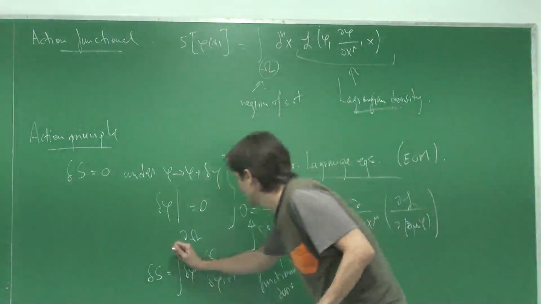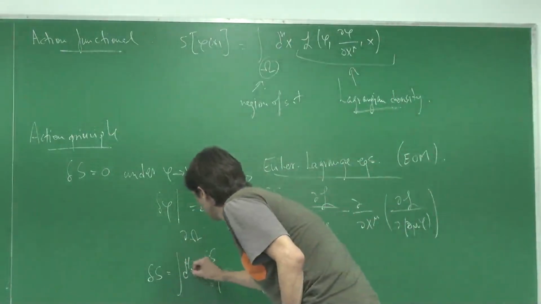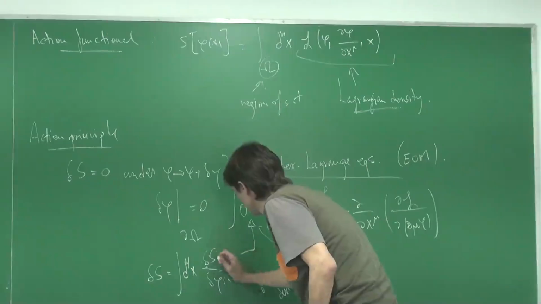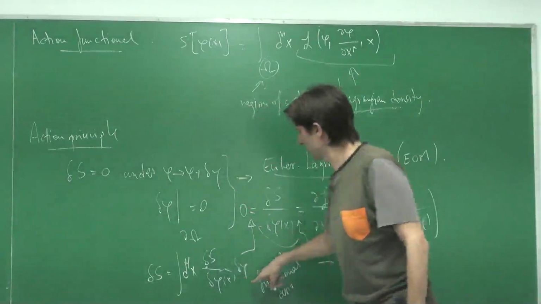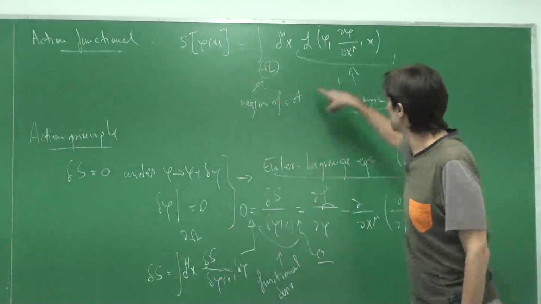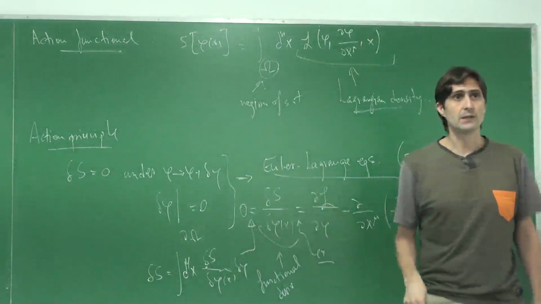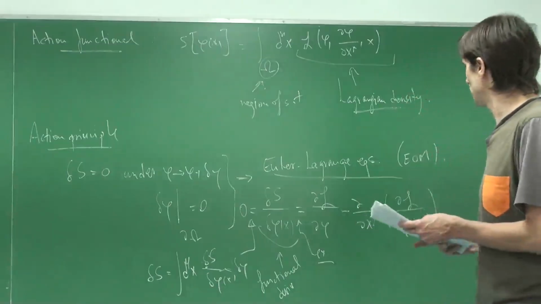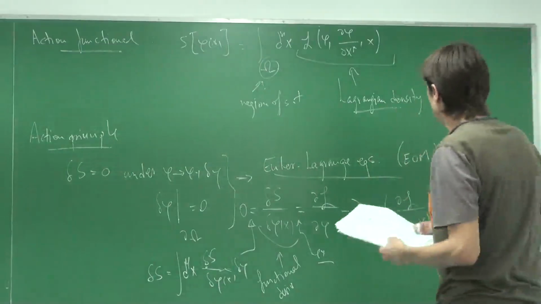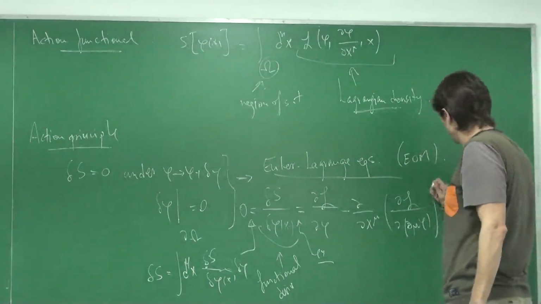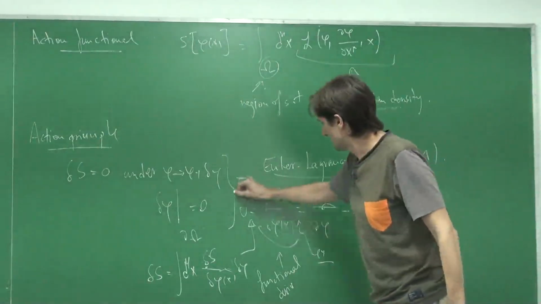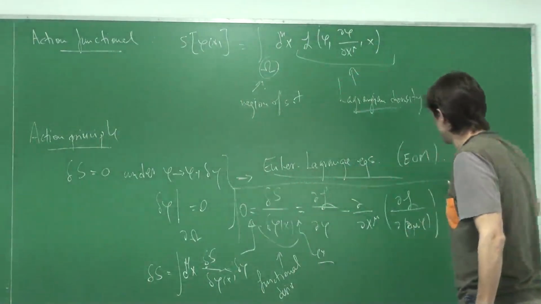So you look at the change of the integrand, the change in the Lagrangian density due to the change in the fields. So this equal to 0 is the Euler-Lagrange equation.